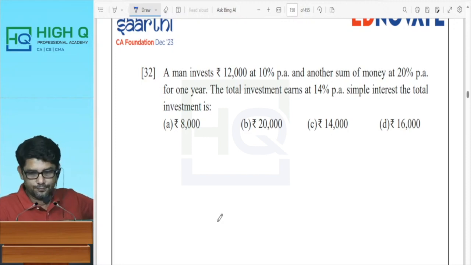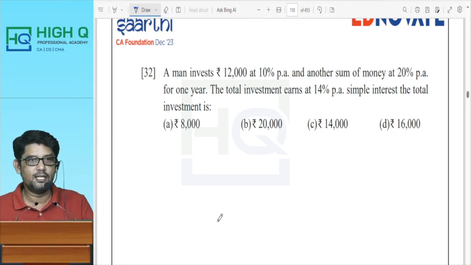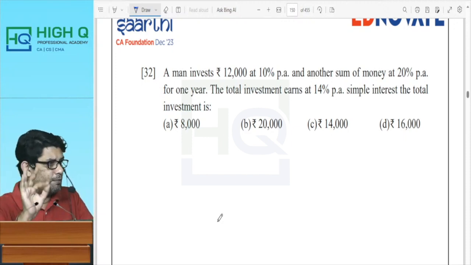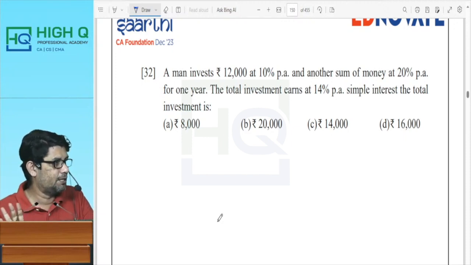We'll do it. Fast, fast, give me the answer. A man invests 12,000 rupees at 10% per annum and another sum at 20% per annum for 1 year. The total investment earns 14% per annum simple interest. The total investment is, listen here, the best method is trial and error method.